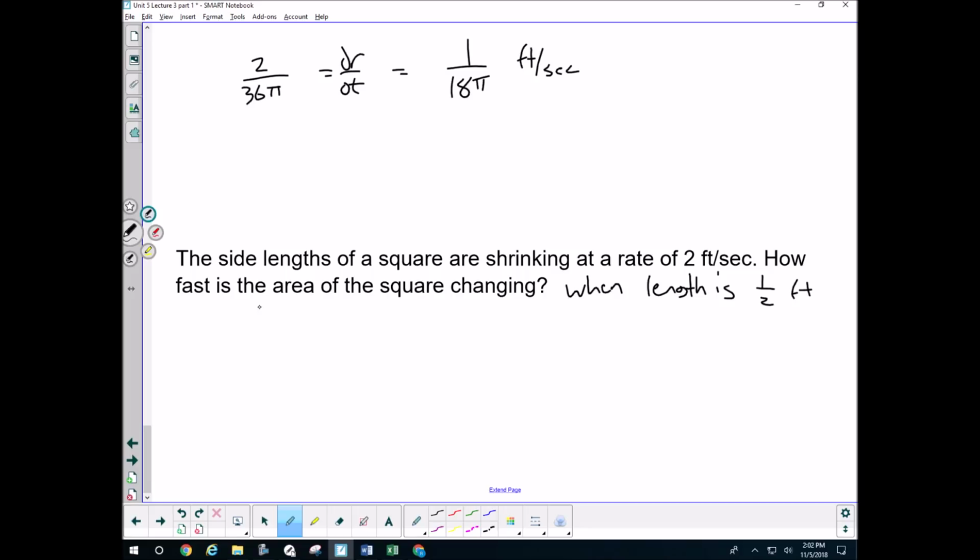Okay, if you think the area of a square is length times width, that might hurt you more than if you did just a side length being squared, or L squared, or W squared, since it's a square. Length and the width are the same. These side lengths are shrinking, so in this case that's ds/dt, that's minus 2. If you used L squared, you'd have dl/dt is negative 2.